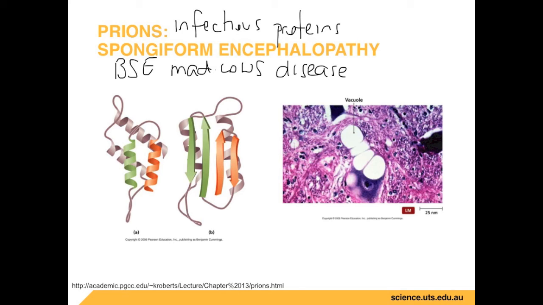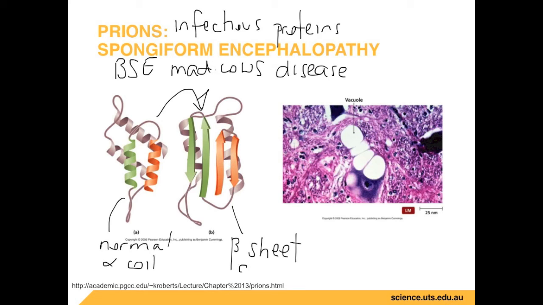The way in which prions work is taking a normal protein, which is an alpha coil, and converting that normal protein to mostly beta sheet. This abnormal or infectious protein aggregates in the neuronal cell.